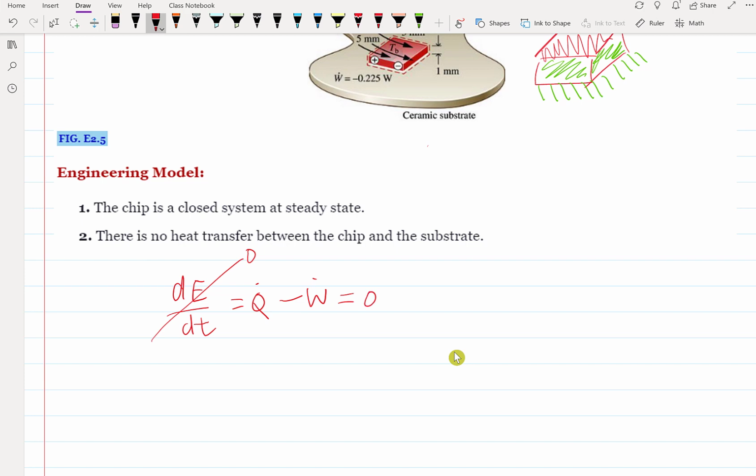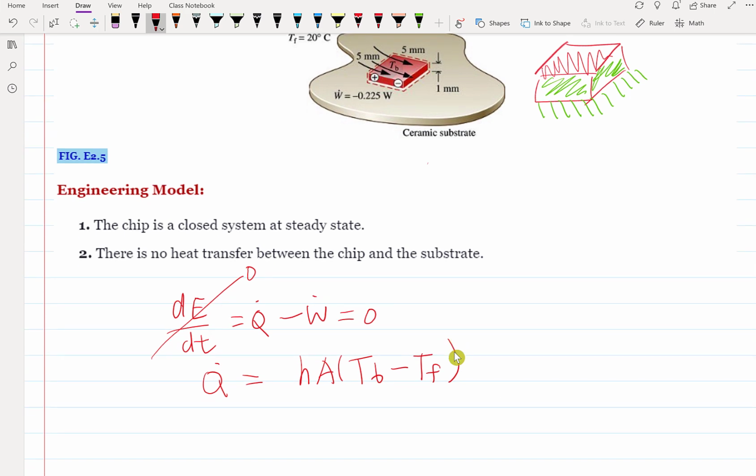And there's heat convection between the top surface and the surrounding. So Q dot can be written as hA times the temperature difference between the solid surface and the surrounding fluid temperature. And heat is removed from the system, so heat is going out of the system, so we need to add a negative sign here.